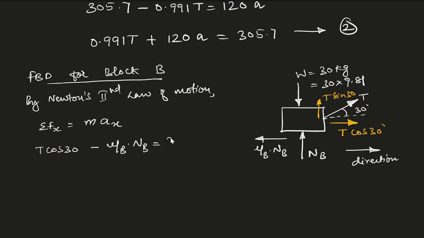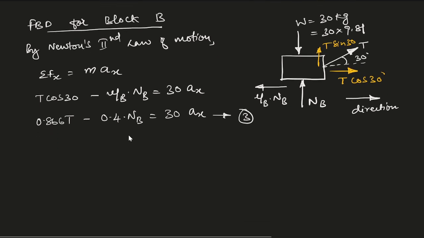This will be equal to the mass, 30 kg, into a_x. So cos 30 is 0.866 T minus mu, which is 0.4, times N_B, which we don't know yet. This is equal to 30 a_x. This can be taken as the third equation.